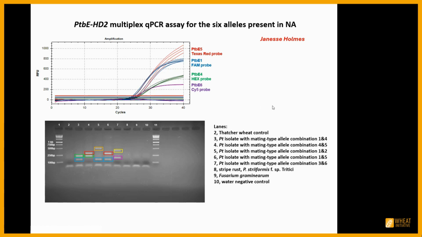And the same we're doing for stripe rust. But as I mentioned, now we need additional markers to pinpoint different genetic lineages. Since we have this information, we can probably design some other markers so that in a relatively quick multiplex assay, maybe a couple of runs, if we get an unknown sample, we can identify which lineage it is.